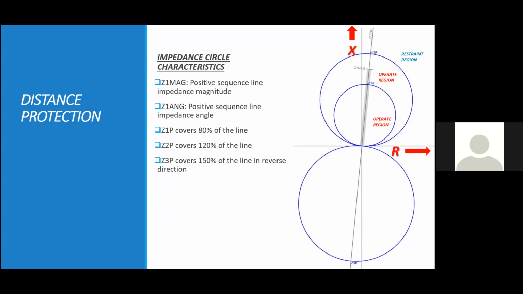And as discussed before, Z1P is the zone 1 element, which protects about 80% of the line. Z2P is the zone 2 protective element, which protects about 120% of the line. And zone 3 in this case is a reverse looking element, which covers about 150% of the transmission line in the reverse direction.